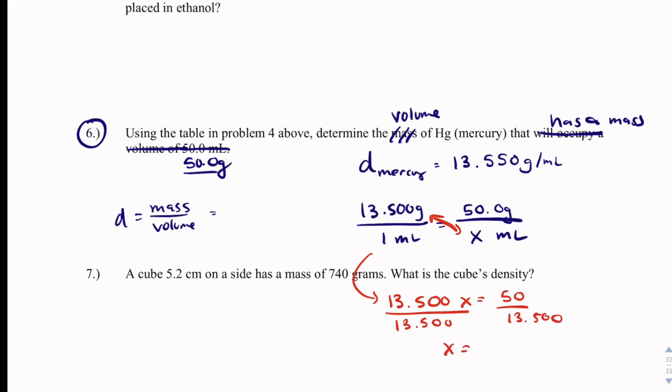I could probably do it in my head, but might as well use a calculator. We're going to get 3.70 as our answer. And I rounded it that way because we have 3 sig figs, and then here we had 5. So I wanted to cut it off at 3 because that was our least amount of sig figs. And that will be milliliters.